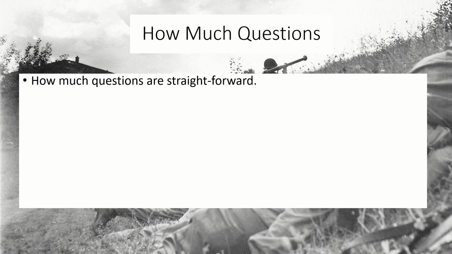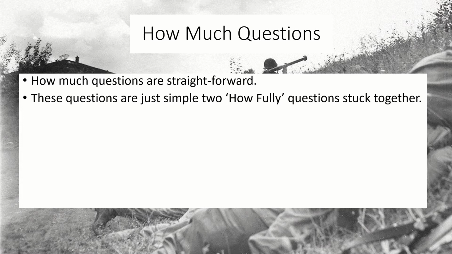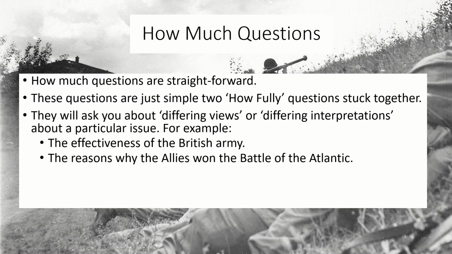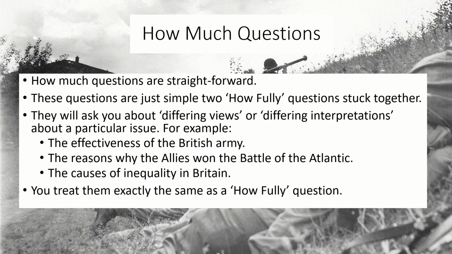So how much questions, as I say, are very straightforward. Two how fully questions basically stuck together. Now they will ask you about differing views or differing interpretations in some way. For example, they may ask you about differing views about the effectiveness of the British Army, or differing interpretations of the reasons why the Allies won the Battle of the Atlantic, or differing views on the causes of inequality in Britain.